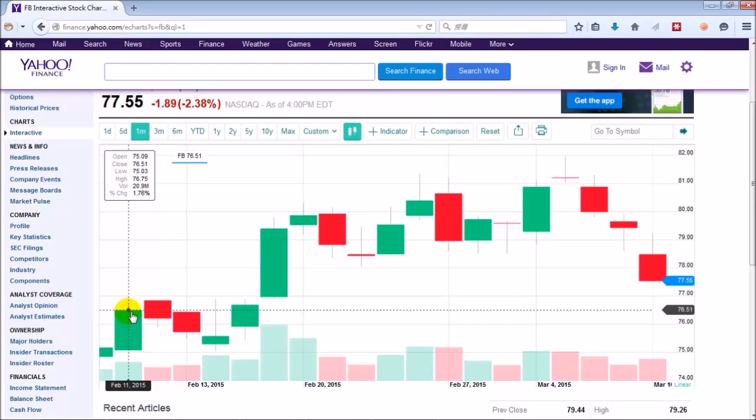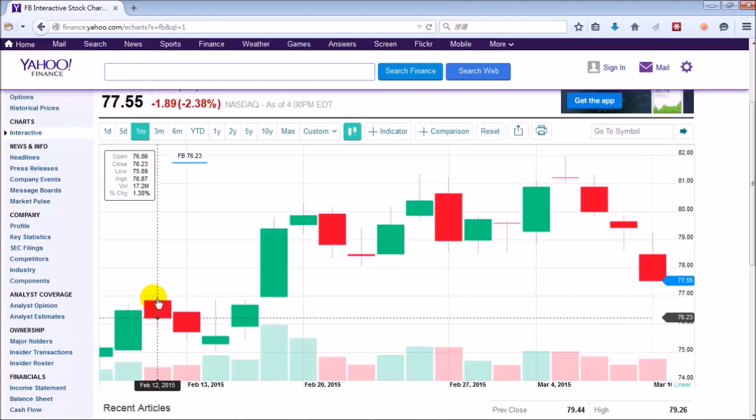So we know, almost surely, statistically, that on February 12th, the stock price is going to drop after it opens. We can use that fact to short the stock.